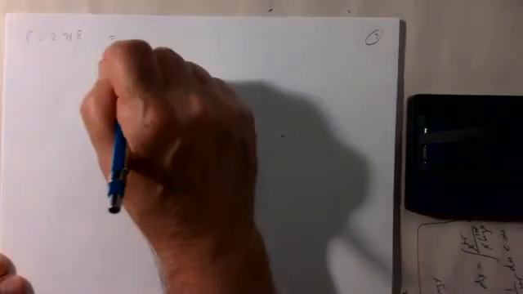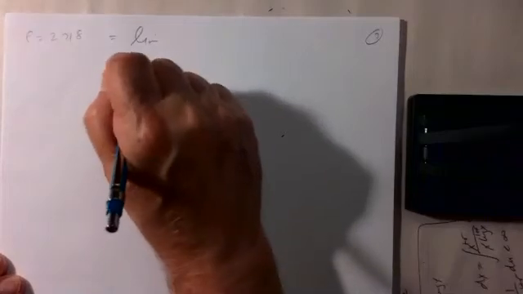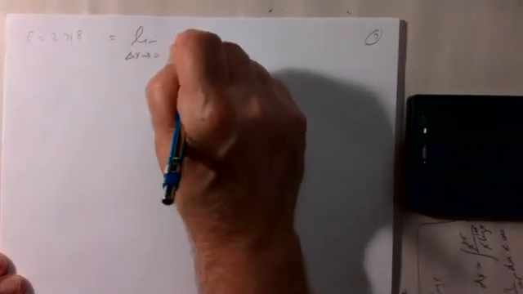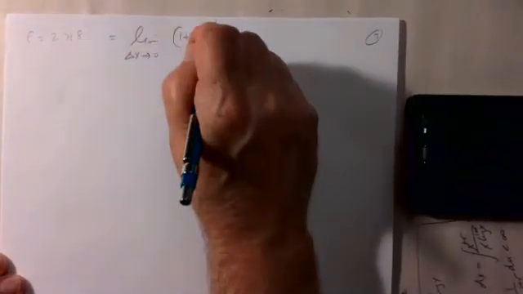And there are many different ways to define it. One way is as follows. This is the limit as delta x goes to 0 of (1 plus delta x) to the power 1 over delta x.